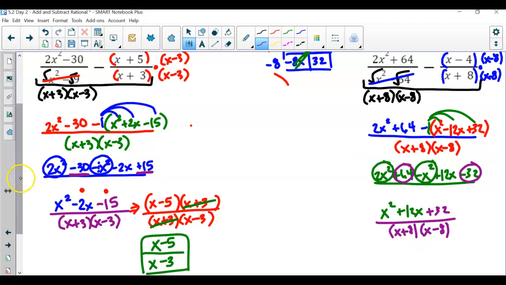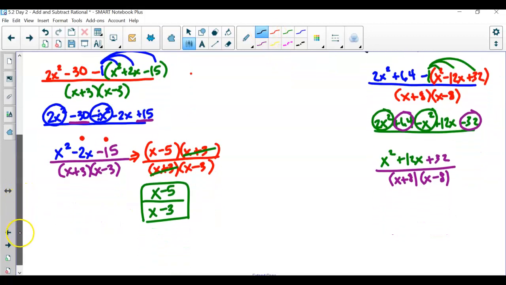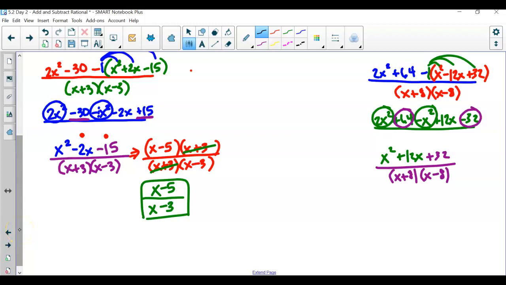Now, for those who continued and noticed, you could continue simplifying this rational expression here. I can factor the numerator. What numbers multiply to get 32 but add to get 12? 8 and 4.